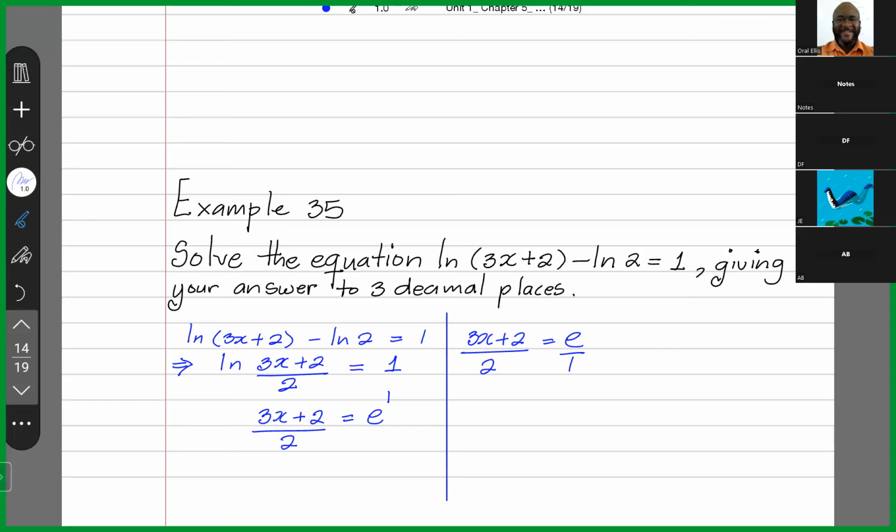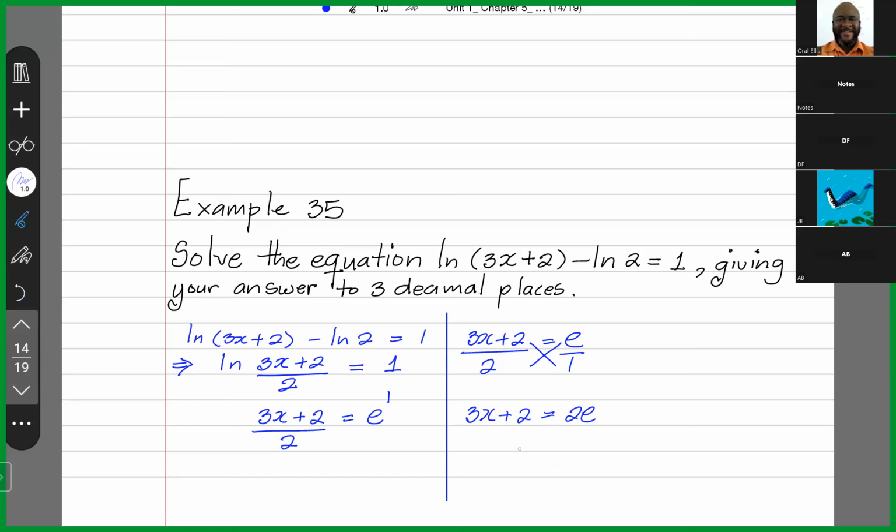Now, our objective is to solve the equation, which is to find the value of x. If one fraction is equal to another fraction, to get rid of the fractions, I would cross multiply. So 1 times (3x + 2) is 3x + 2, which is equal to 2 times e, which is 2e.